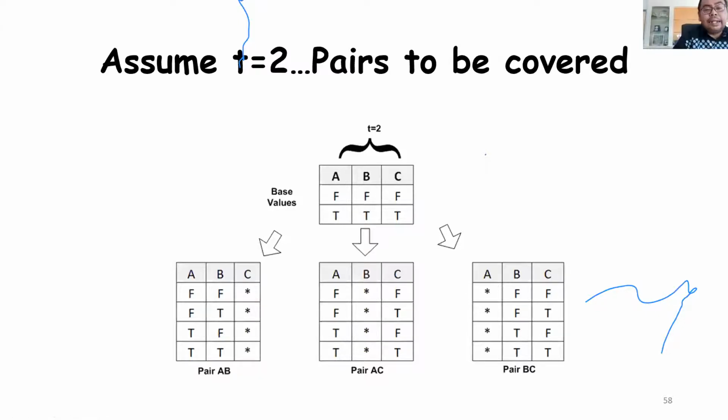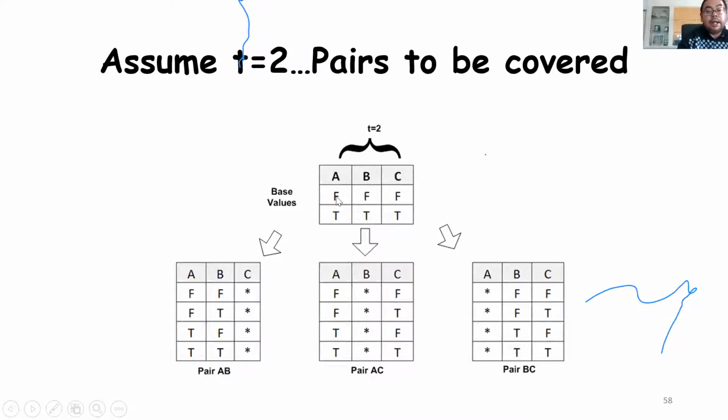now if you use this technique that we had, you look at, for example, just pairwise, meaning t equal to 2. So if t equal to 2, I'm going to cover A, B. So I'm going to do FF, FT, TF, TT, and I'm going to select this C randomly or maybe in an efficient way.